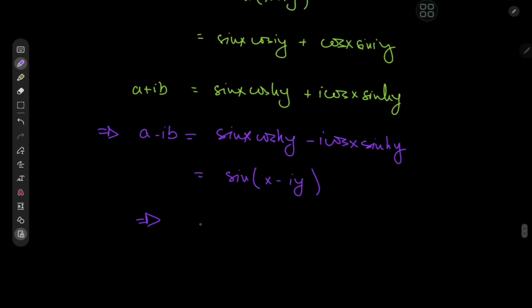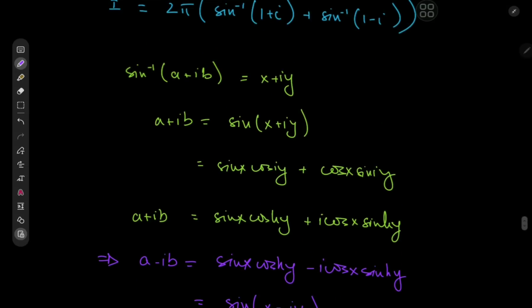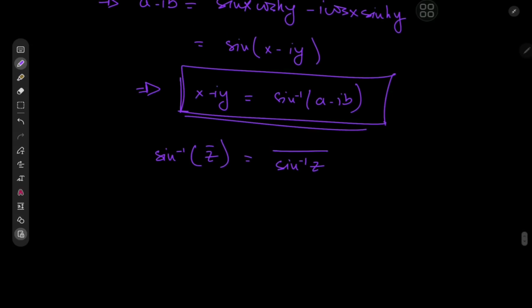And this means that x minus I times y equals the inverse sine of a minus I times b, which is a very beautiful result because it means that the inverse sine of the complex conjugate is just the complex conjugate of the inverse sine of z. Absolutely beautiful.